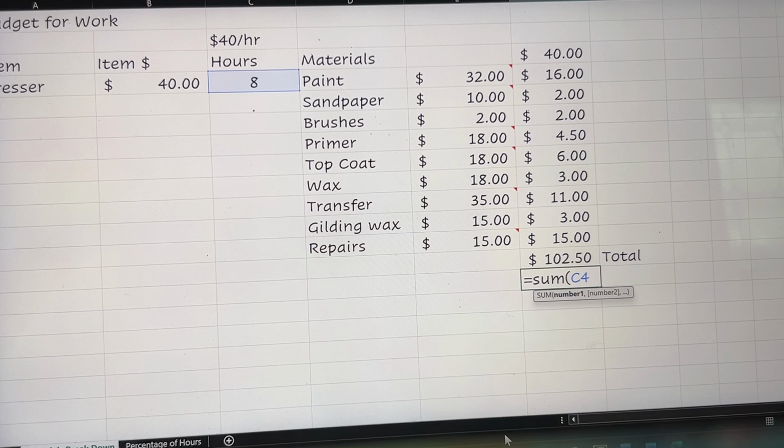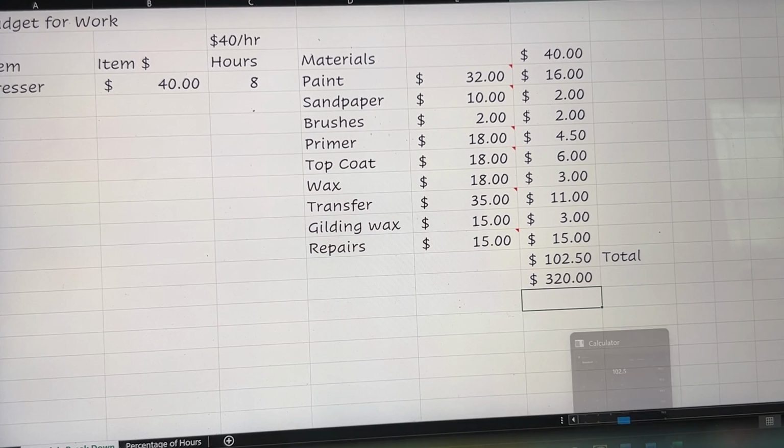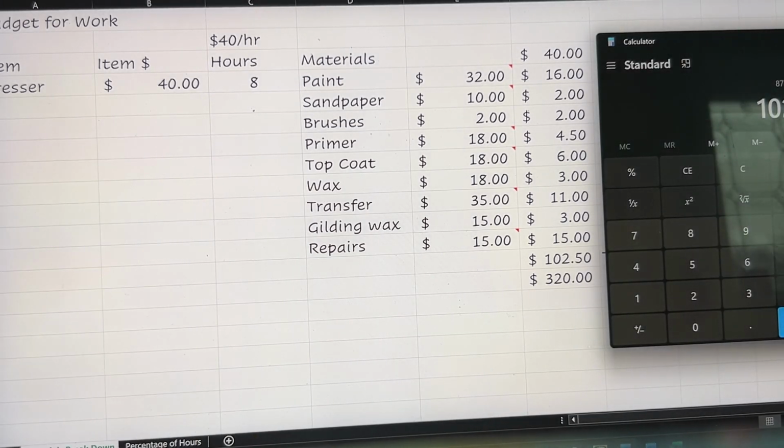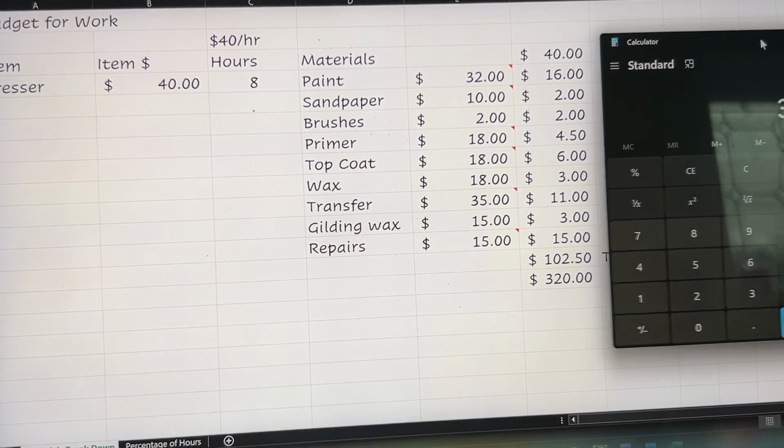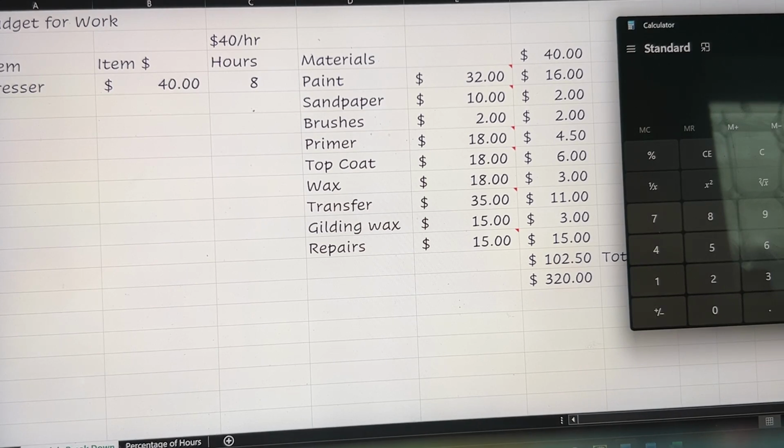And you're going to do times 40 and close it. Okay, that's going to come to $320. I'm going to pick up the calculator because I'm going to show you the easy way to do that. So let's clear this, but we remember that it's $102.50. We have $40 an hour times 8 equals $320. That would be the cost of our hourly rate.